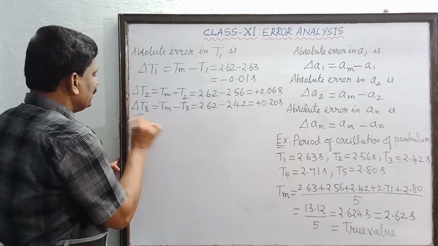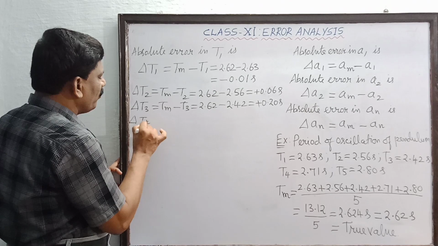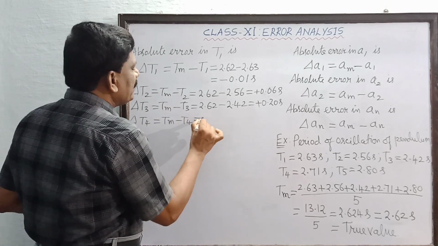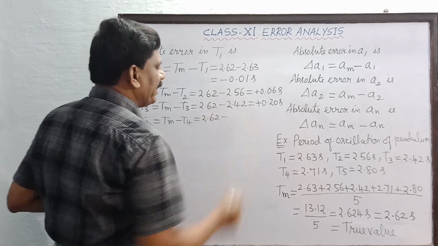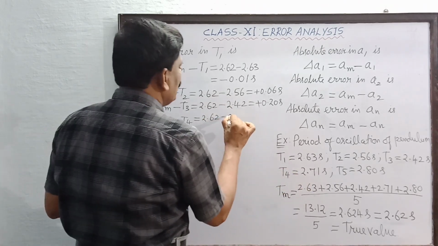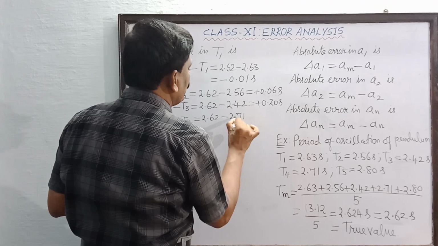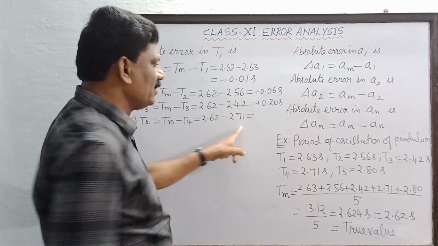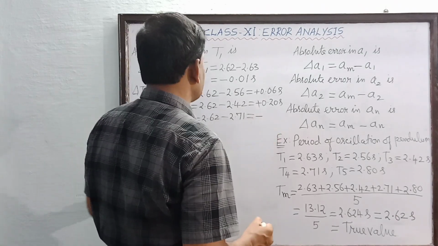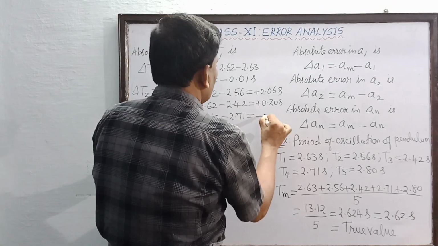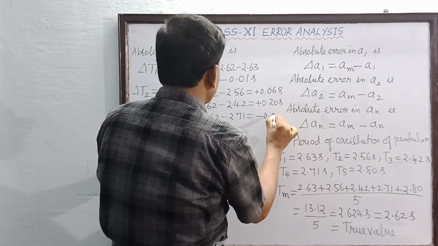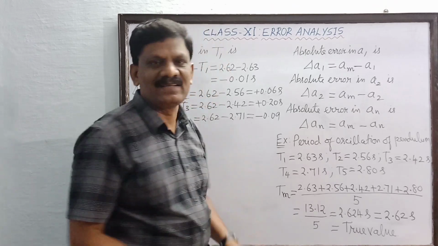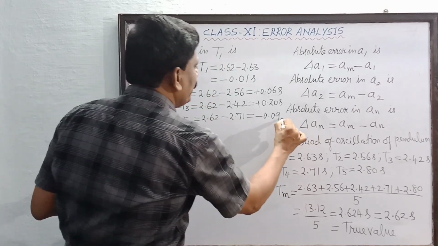Like that, the absolute error in the measurement of T4 is delta T4, equal to T mean minus T4, that is 2.62 minus 2.71, the fourth one. Now smaller number minus bigger number, it is negative, is it not? So this must be minus 0.09. Understand that? The unit is second.